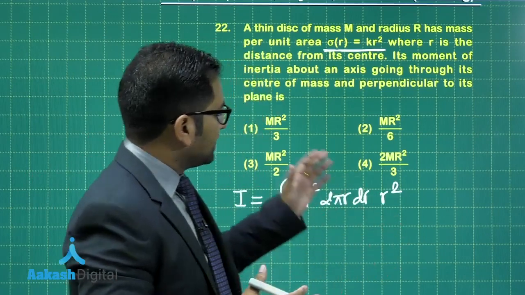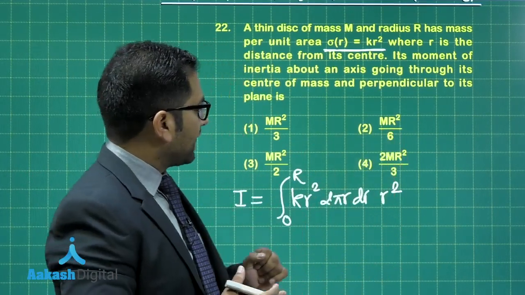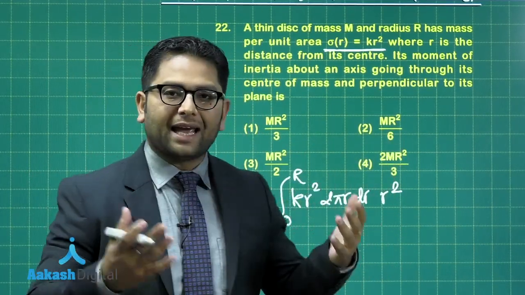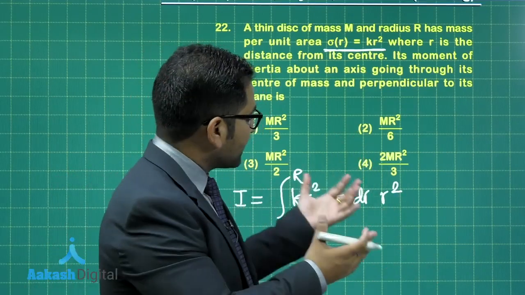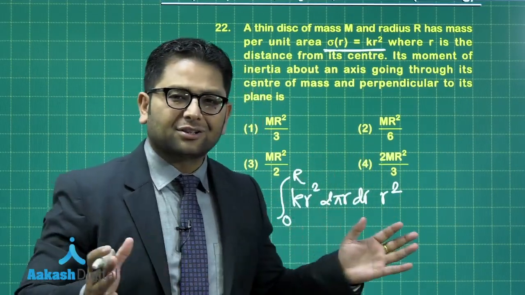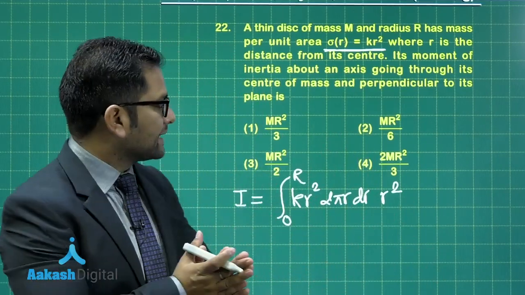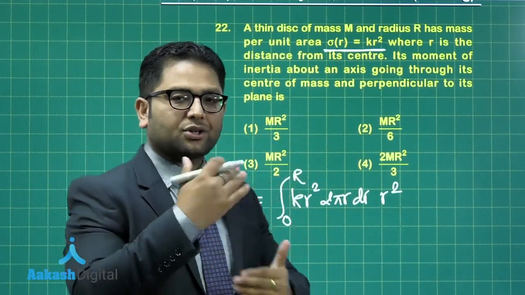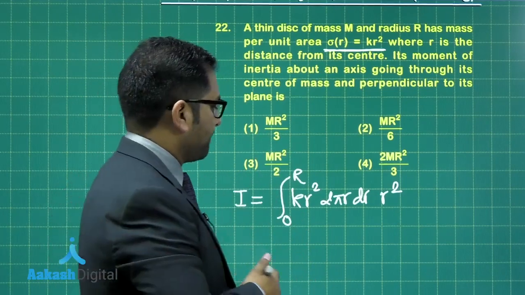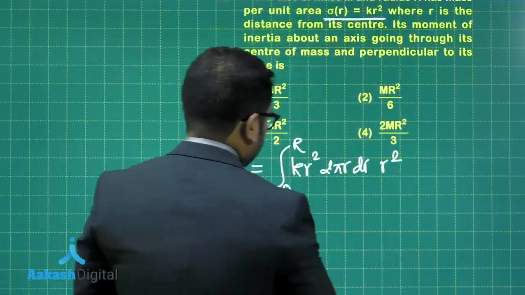However, you could see that the option does not have anything like k. The option has variable like m, which is the mass. And that's not a tough deal either. All I require is that from the given density, I'll calculate mass, so I'll relate k and m. And that is something like this.